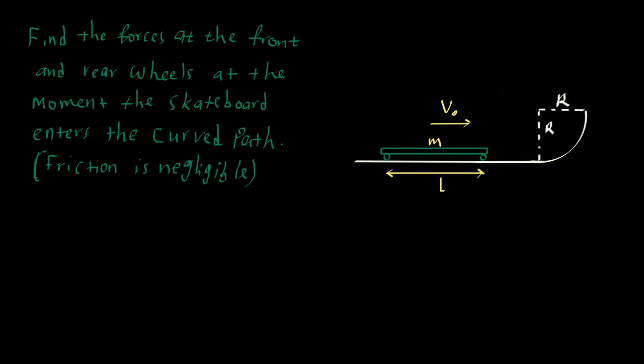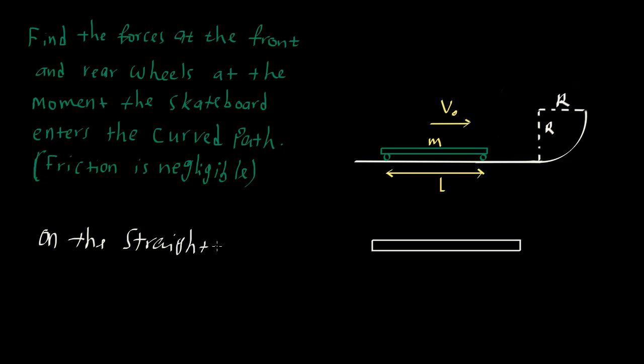So let's solve this. Before considering the skateboard at the beginning of the curved path, let's see what the forces at the wheels are on the straight line. So we have a skateboard here, on the straight line.